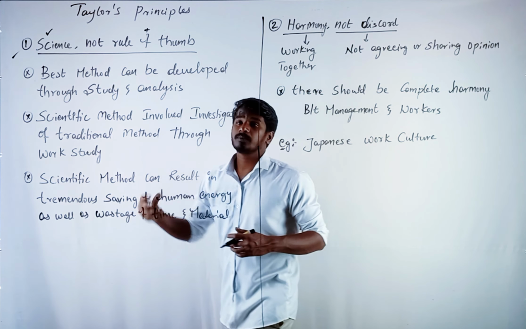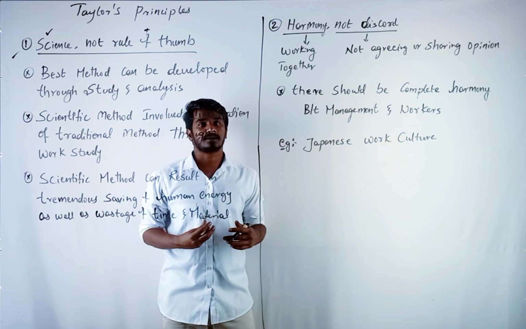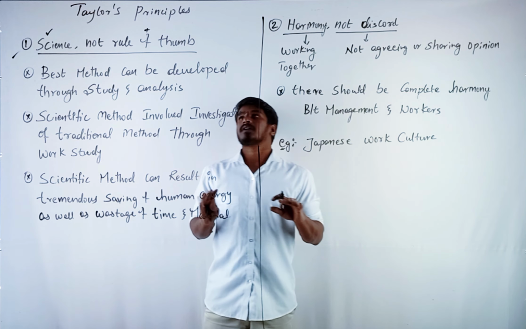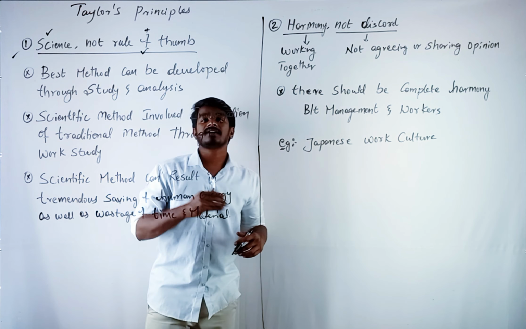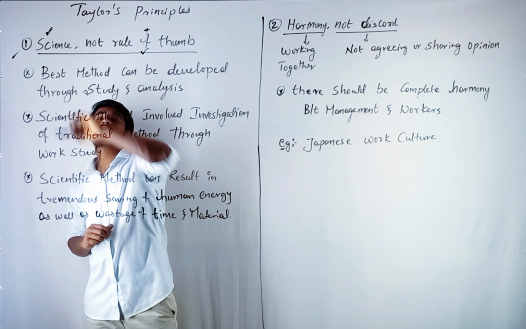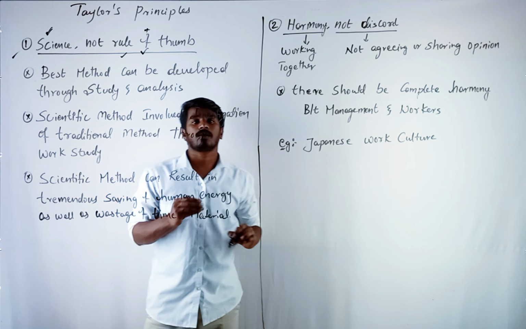If we follow past traditional methods, that is rule of thumb. Taylor is saying that we should believe in science, not in rule of thumb.